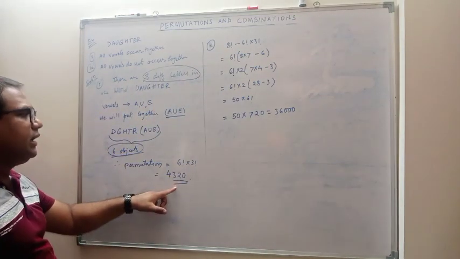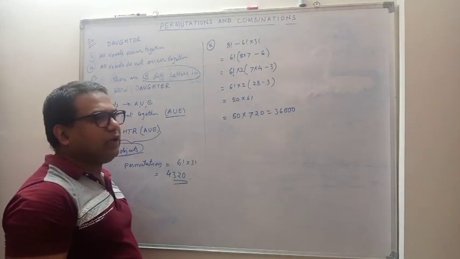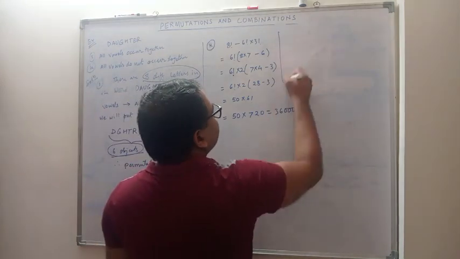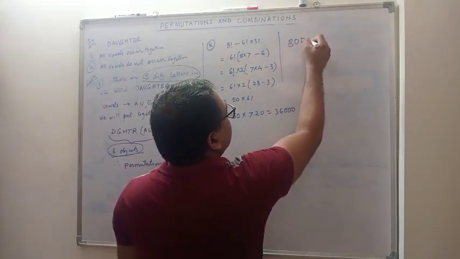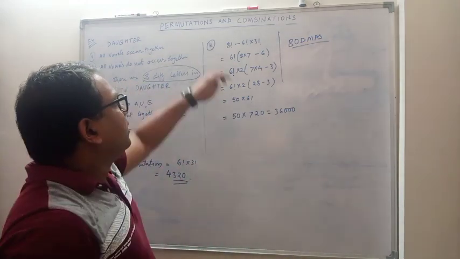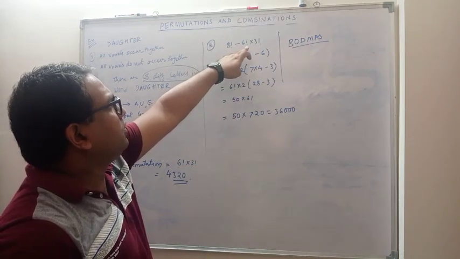We have seen this, and it's better to take common factors rather than doing multiplication, or I'll suggest you use the BODMAS rule. Take common 6 factorial from both the terms.